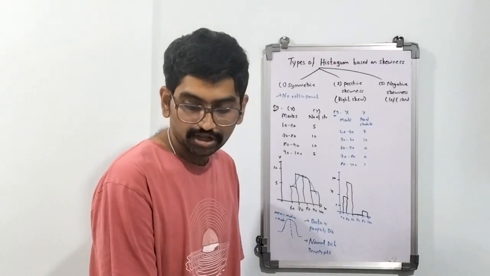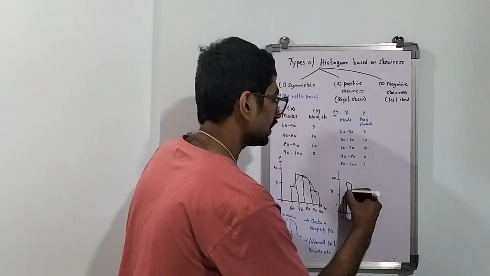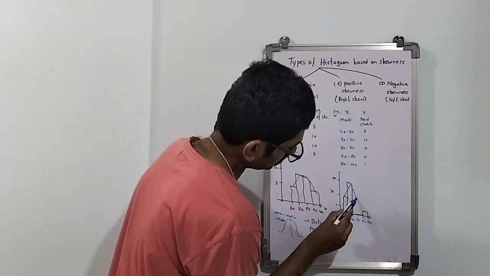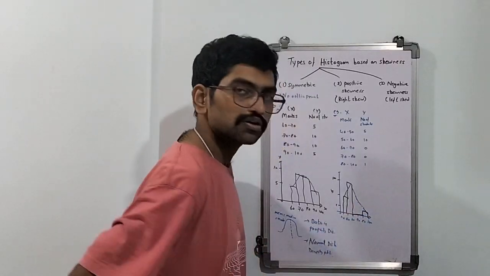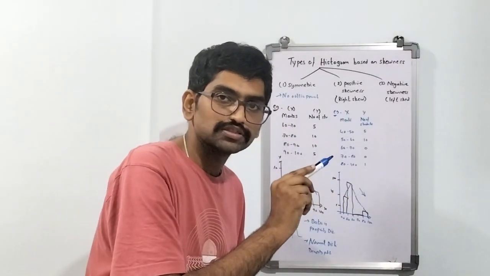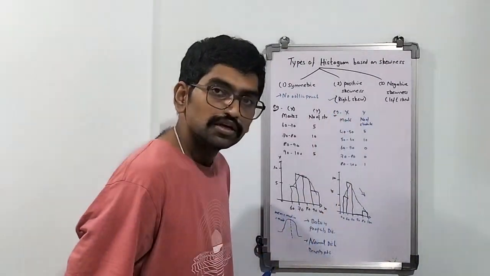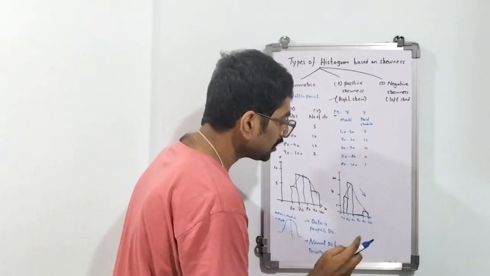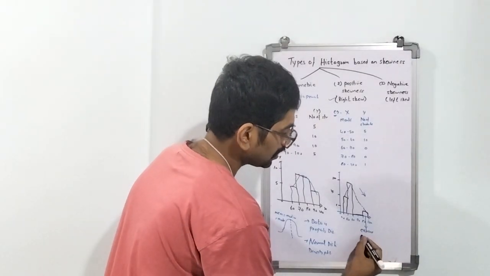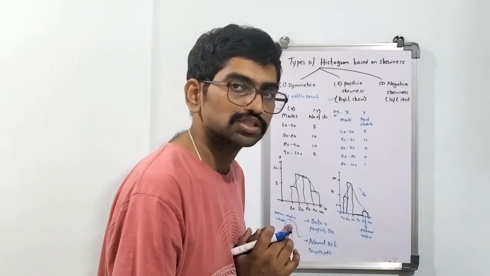You will observe that the graph started here like this, but from here it is going towards the right hand side. Since it is moving towards the right hand side, it is called right skew. From this you can see that this is an extreme value. Whenever the value is extreme, we call it an outlier. This is the major concept behind it.